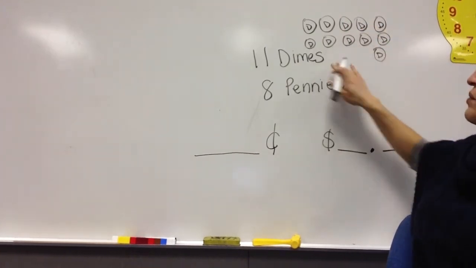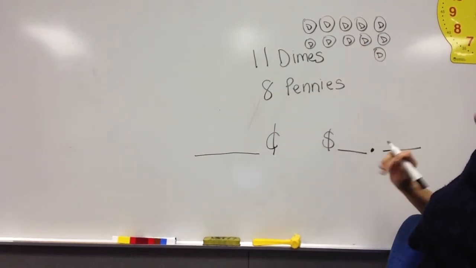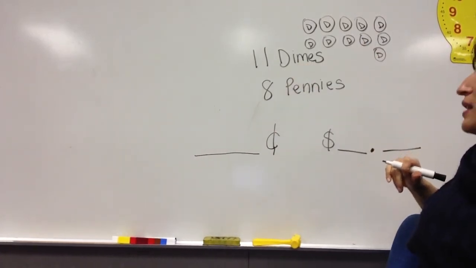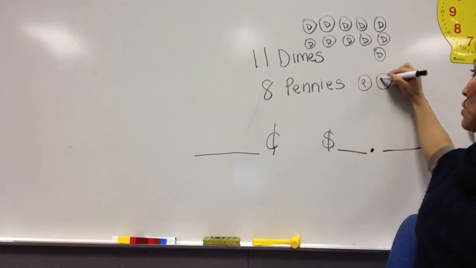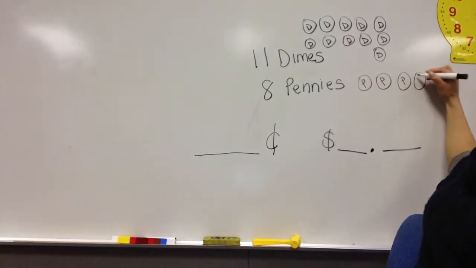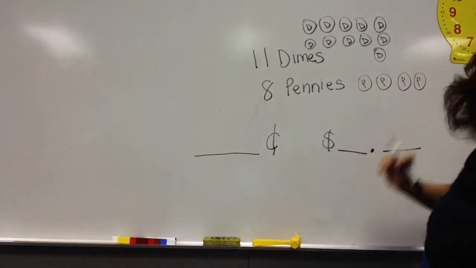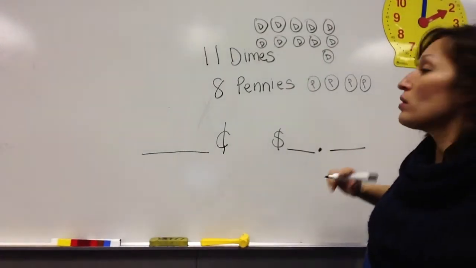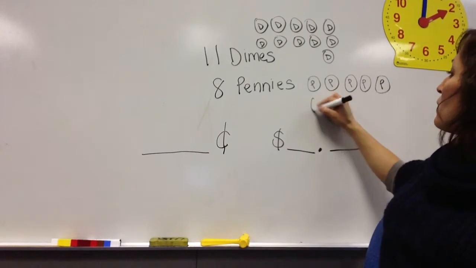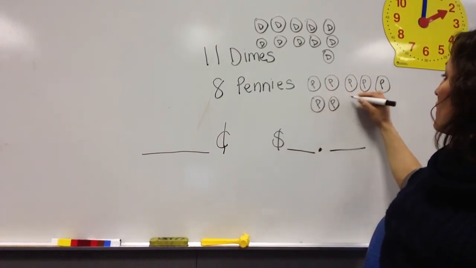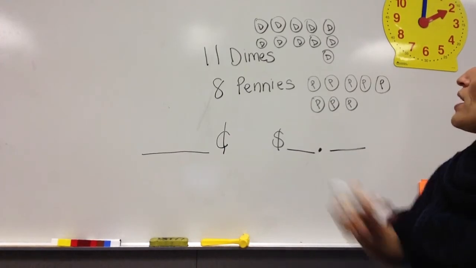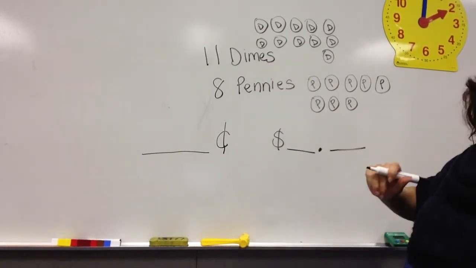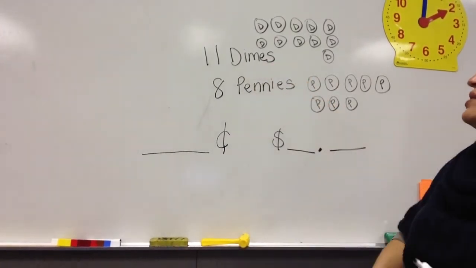My math picture matches what my story says, and 8 pennies, 1, 2, 3, 4, 5, 6, 7, 8. I made a math money picture that matches each piece of information in my story.